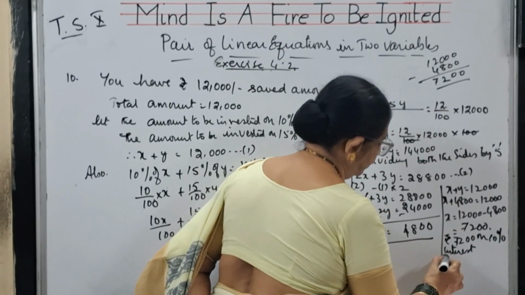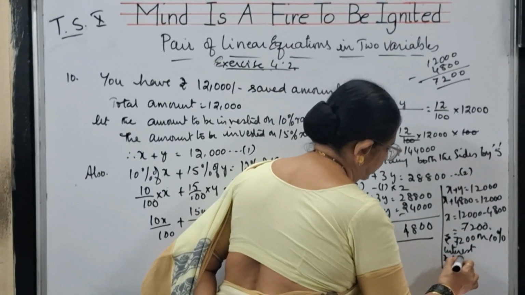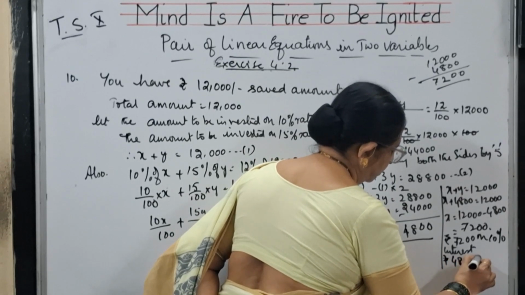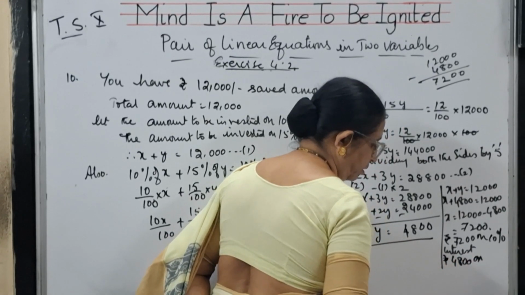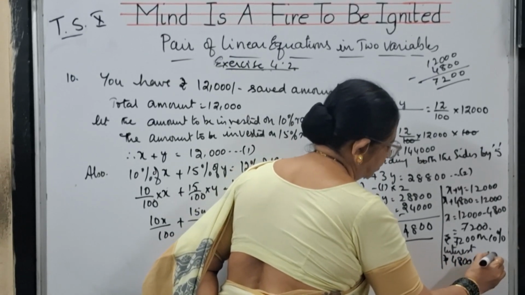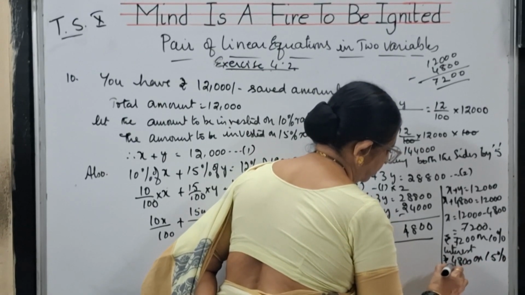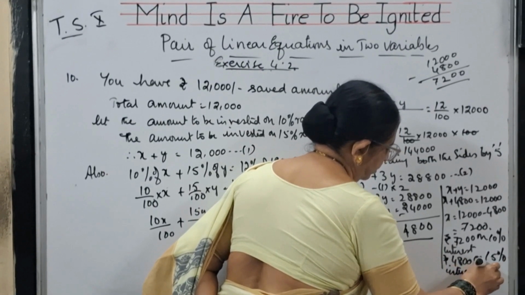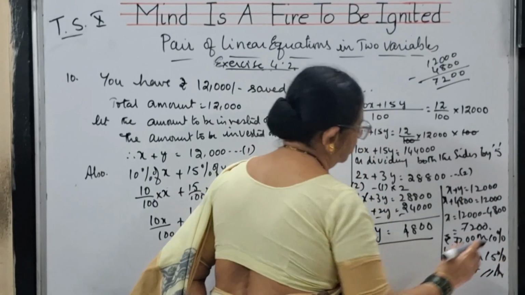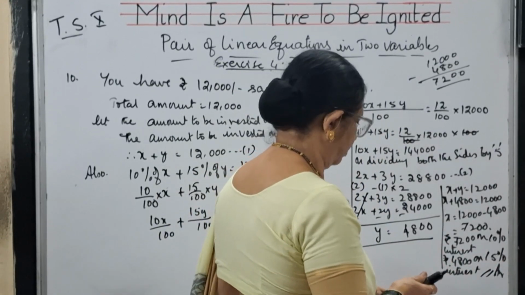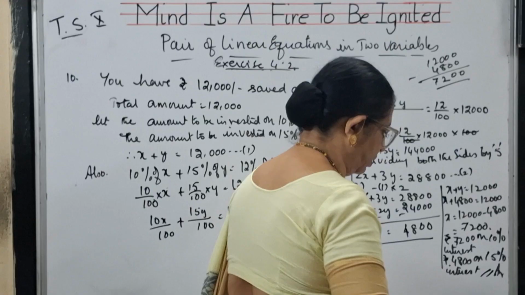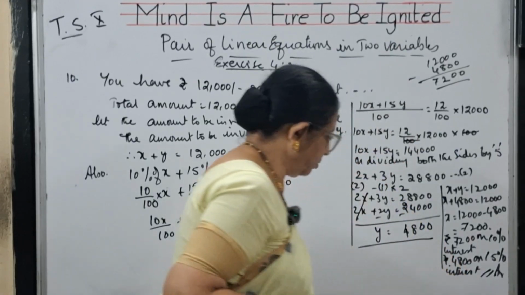And then rupees 4,800 on 15% interest. This should be the answer for this 10th problem, children. Please note it down.